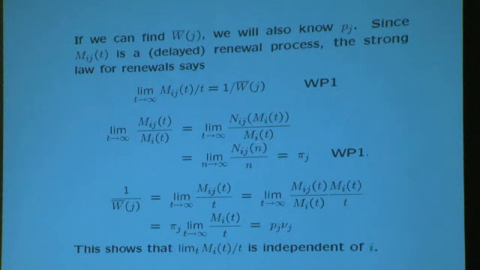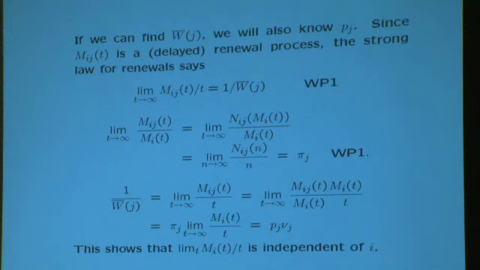And what is that? That's the long-term fraction of transitions that go into state j. We know that for a countable state Markov chain, which is recurrent, which is positive recurrent, this is equal to pi sub j. Okay, so we have that is equal to pi sub j.